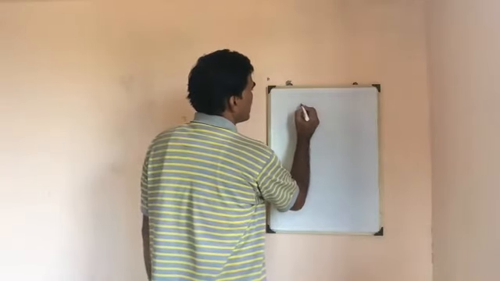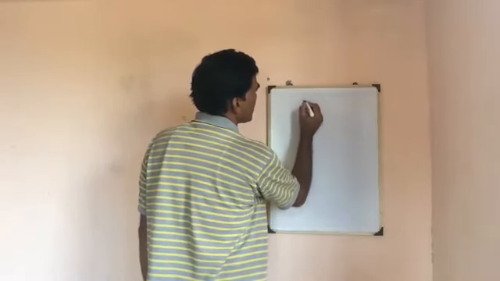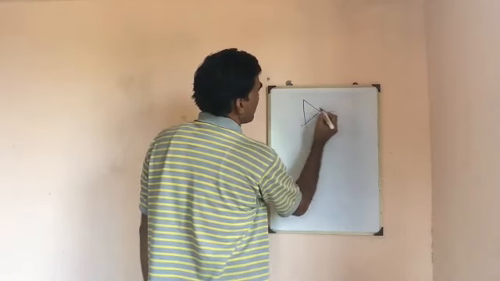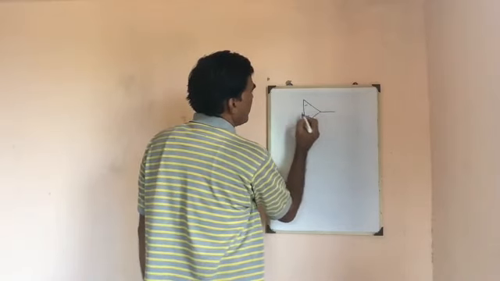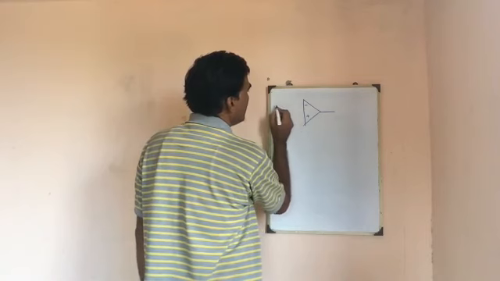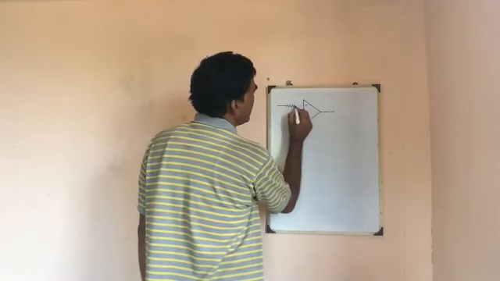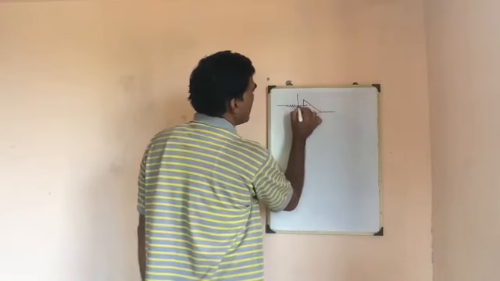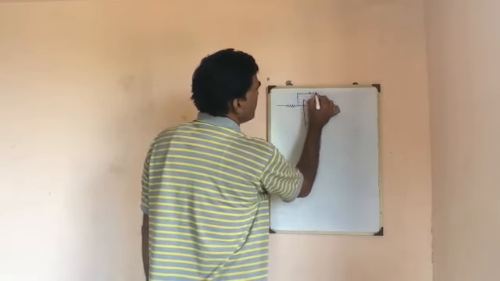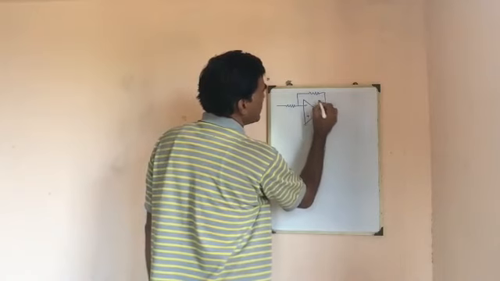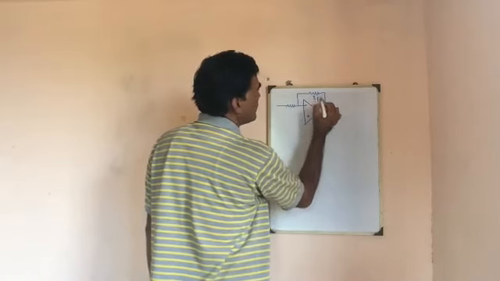The circuit diagram of the inverting amplifier can be drawn something like this, where the input is applied to the inverting terminal, and the output is fed back to the input through a feedback resistor.